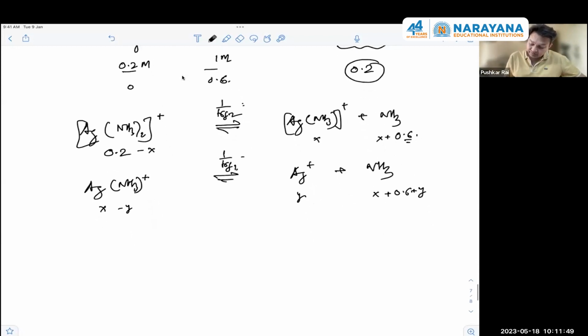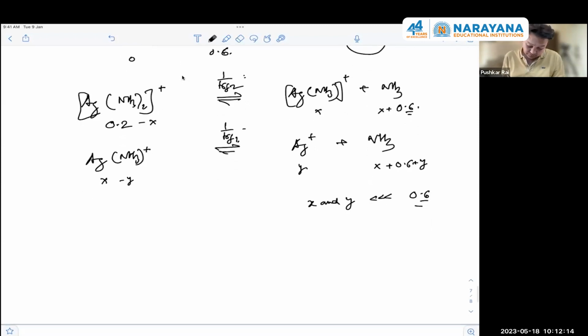Take the assumption that X and Y are very small, very, very much less than 0.6. Your intuition is telling you that that should be the situation. So practically the NH3 concentration, you have to take 0.6, and you have to get all the other concentrations. Can you do it now?